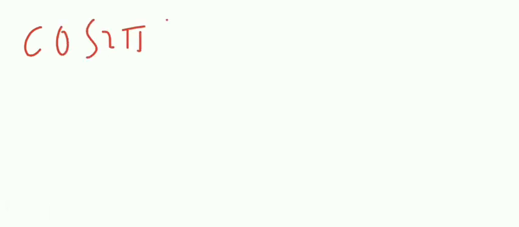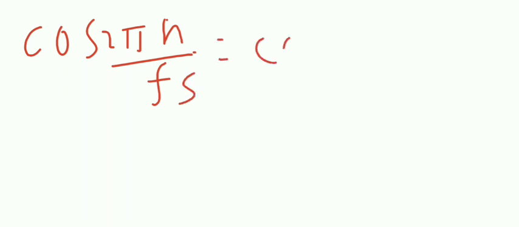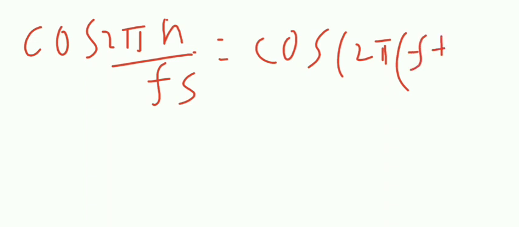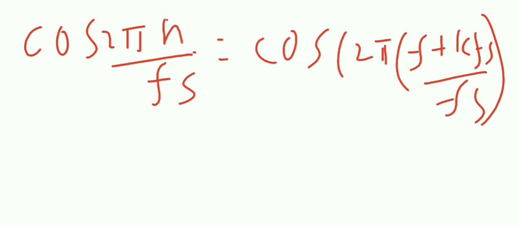So what we get is cos 2 pi f, where t becomes nTs, and nTs is equal to n by fs. Very simply I write this as cos 2 pi, f plus k fs divided by fs, n. Why? Because 2 pi f by fs and 2 pi k fs by fs gives 2 pi k.